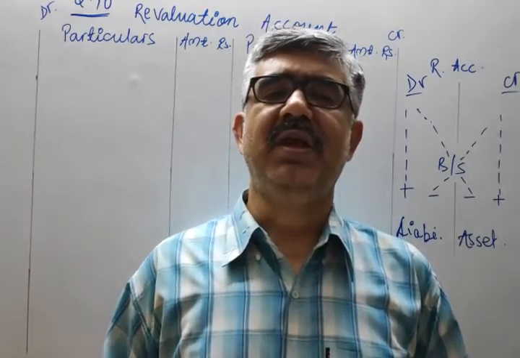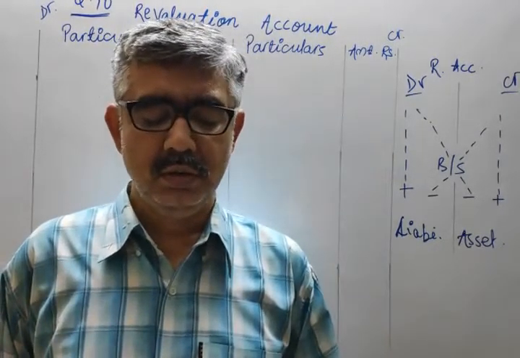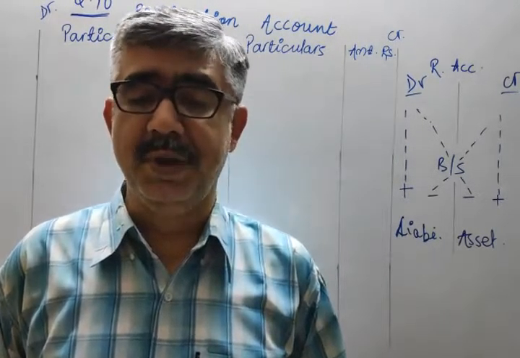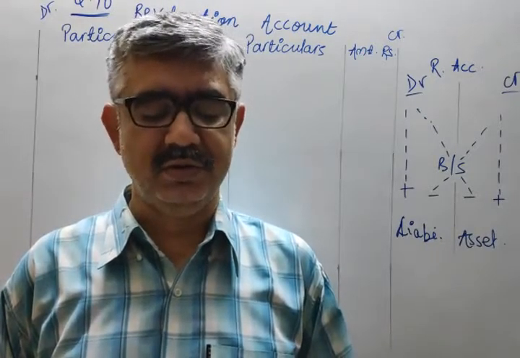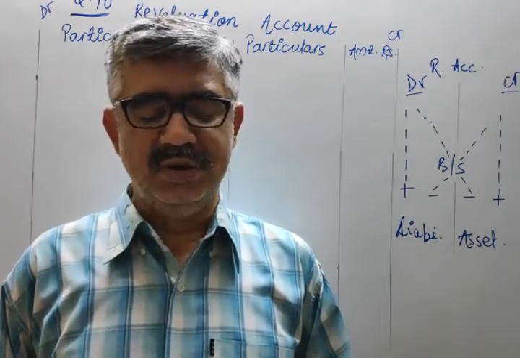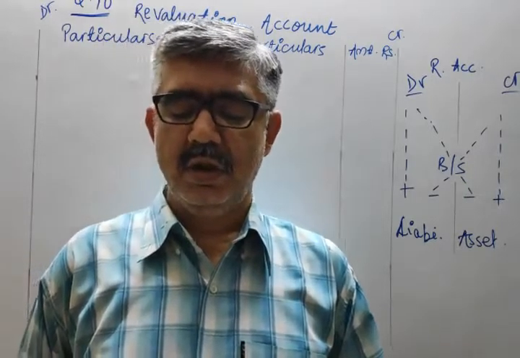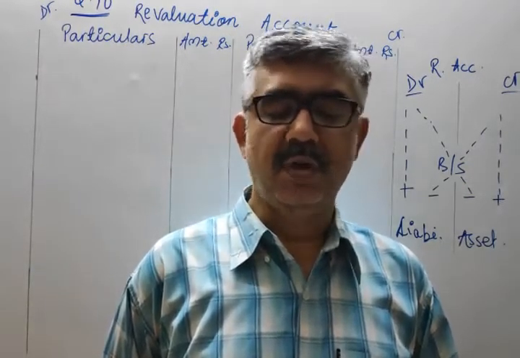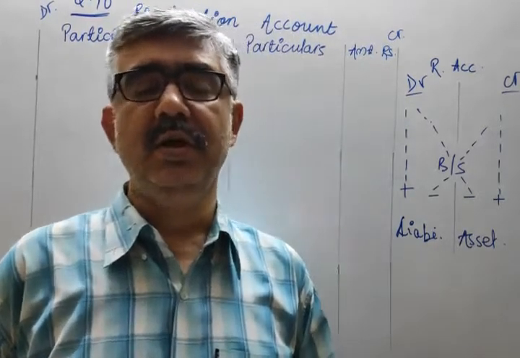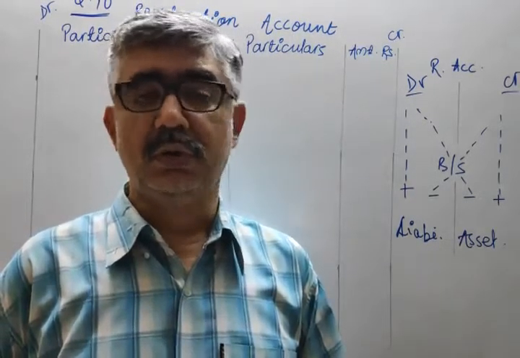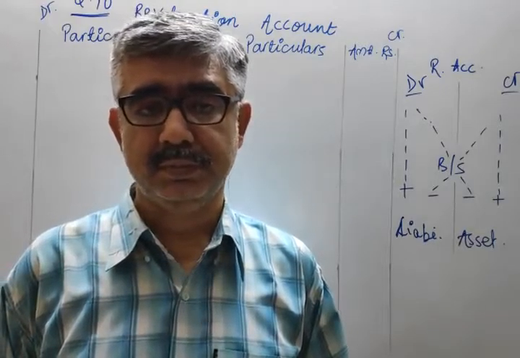An amount of 20,000 is not to be paid to creditors. And rupees 3,000 for outstanding expense and 2,000 for income receivable are not recorded in the books. Total 7 adjustments you are having, but so many items given to you.